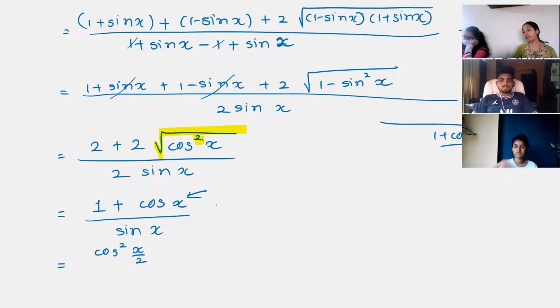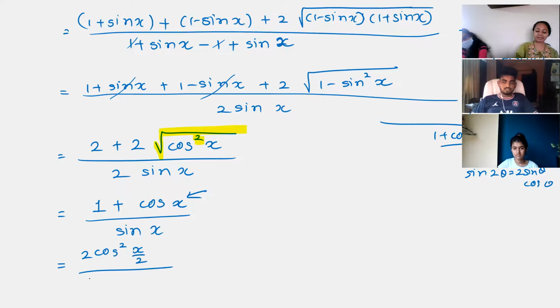So half of the angle, it turns to half the angle and becomes square. 2 cos square x by 2, because 2 goes that side. And in the denominator, sin x, you remember sin 2 theta is 2 sin theta into cos theta. So it is 2 sin x by 2 into cos x by 2.